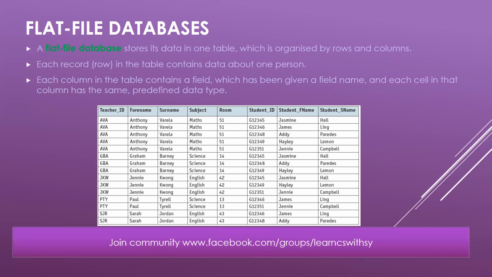Same case here: along with teacher ID, forename, surname, subject, and room, you can see that it has 3 more fields: student ID, student_F_name, and student_S_name. Student_F_name is for the student's forename, and student_S_name is for the student's surname. In this manner, it is containing the details of all the students and the teachers in one table only.